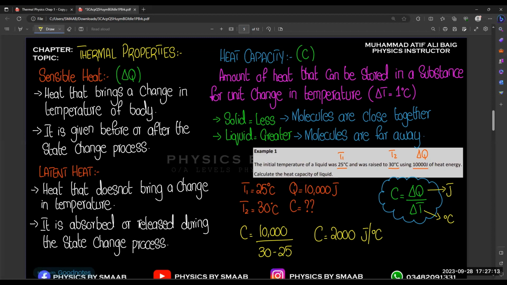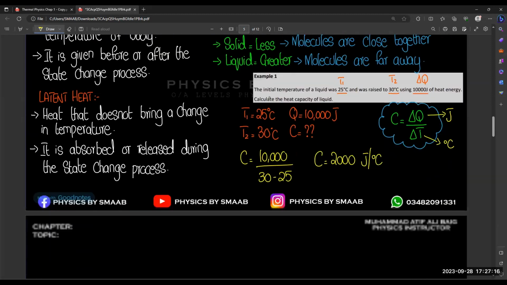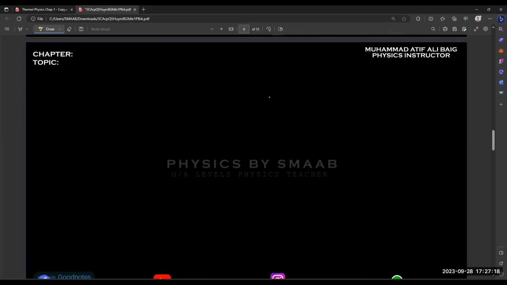Further, if we continue with some other concepts, there are some more quantities.